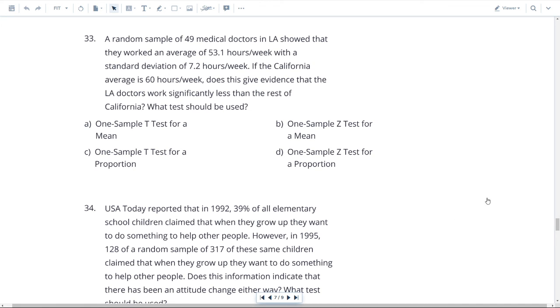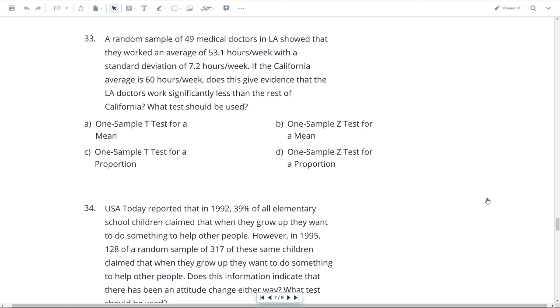Number 33, a random sample of 49 medical doctors in LA showed that they worked an average of 53.1. Now hold on, 53.1 is a sample mean, and 7.2 is a sample standard deviation. If the California average is 60 hours a week, so they're saying if 60 hours a week is the population mean, does that sample of 49 medical doctors give evidence of LA doctors working significantly less than the rest of California?